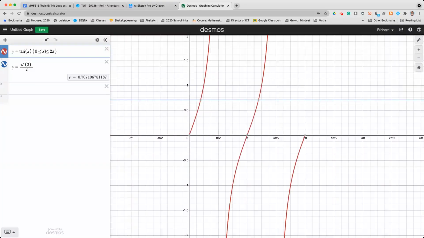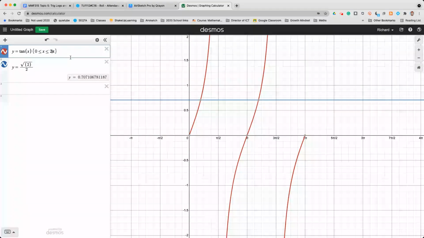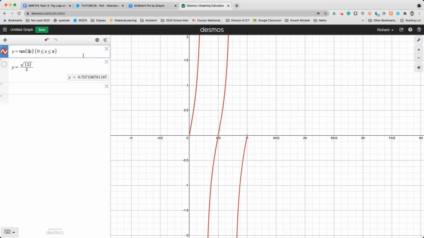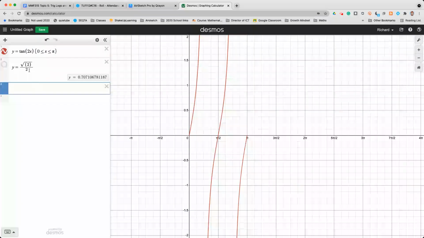So if I go tan of x, we know that's 2 cycles from 0 to 2 pi, right? We've got 1 cycle to pi, and then another cycle to 2 pi. So to get a single cycle of pi, I would just go from 0 to pi. But if I put 2x, or was it root 3, wasn't it?